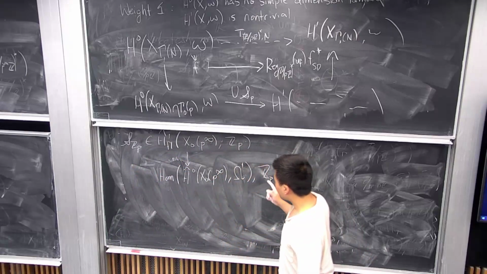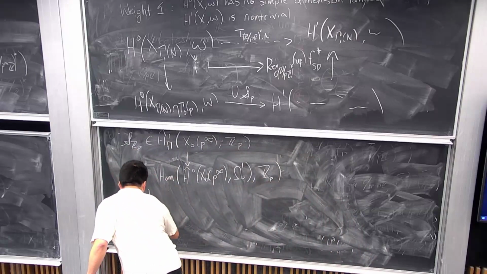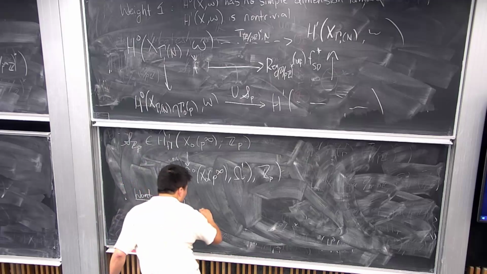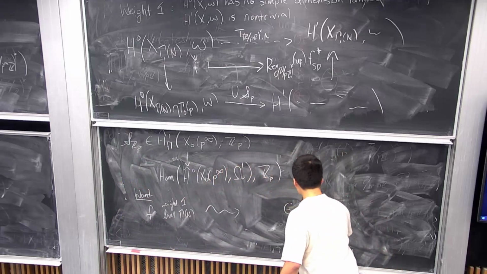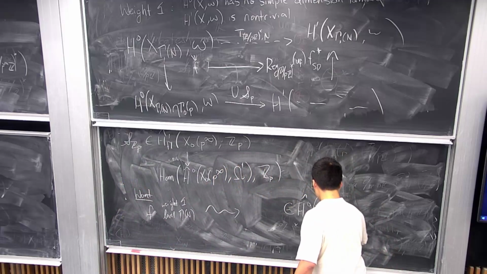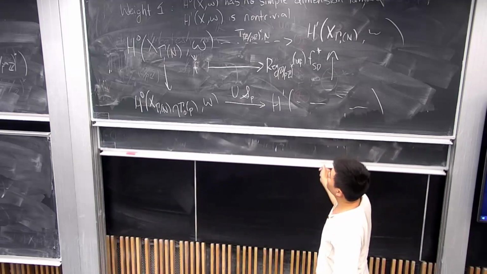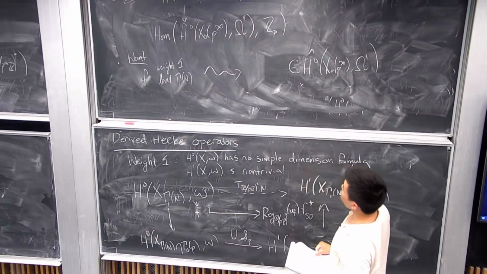So now what I want to do is go for my F, which is again weight 1, level gamma 1 n, and get something in this completed cohomology space. Have my Shimura class.